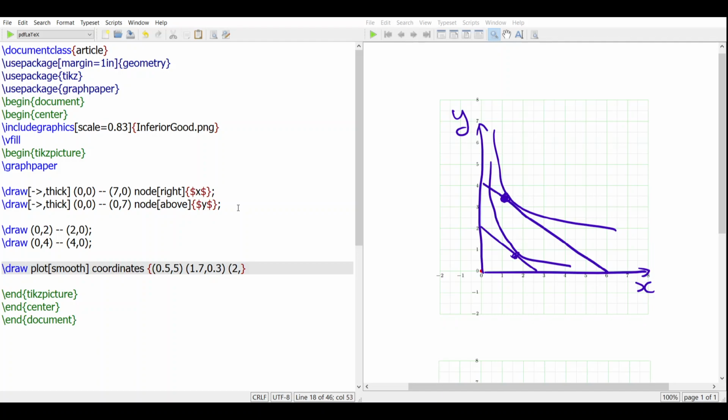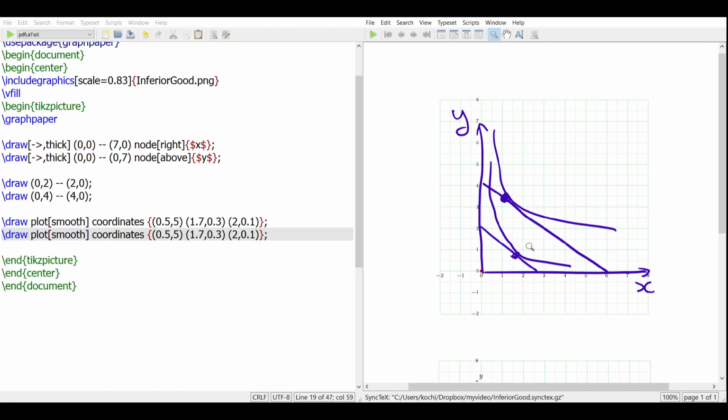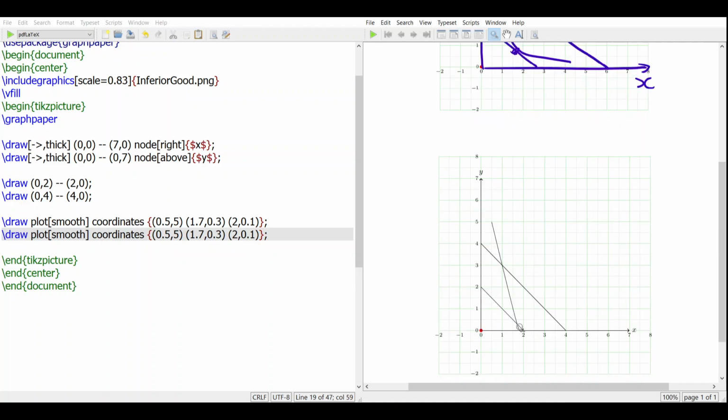And then this is the lower indifference curve, and see what it gives us. Not very good. So let's reduce the height a little bit, maybe up to 3. Okay, now we have another one.